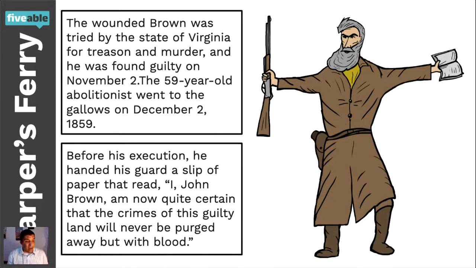No, I was wrong. It's going to take a lot of blood, a lot of people dying for us to get rid of slavery. And guess what? He was right. Because 2 years after that, the American Civil War is going to start, where 600,000 Americans are going to die. All right? So that's the role of John Brown.